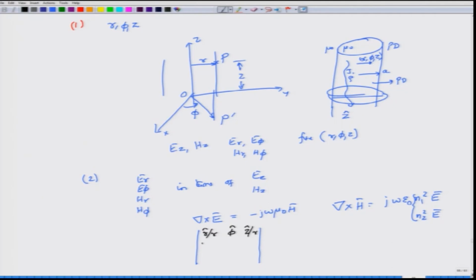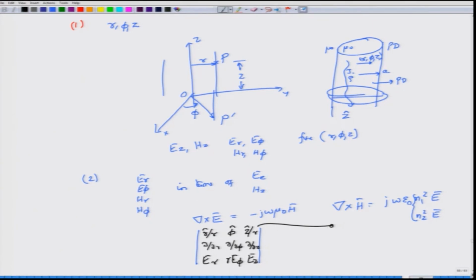So, you have del by del r, del by del phi and del by del z, and then you have Er, r E phi and then Ez. This is your curl of electric field. If you expand this determinant out, you are going to get the expression for curl of E. Similarly, the curl of H expression would involve Hr, H phi and Hz.